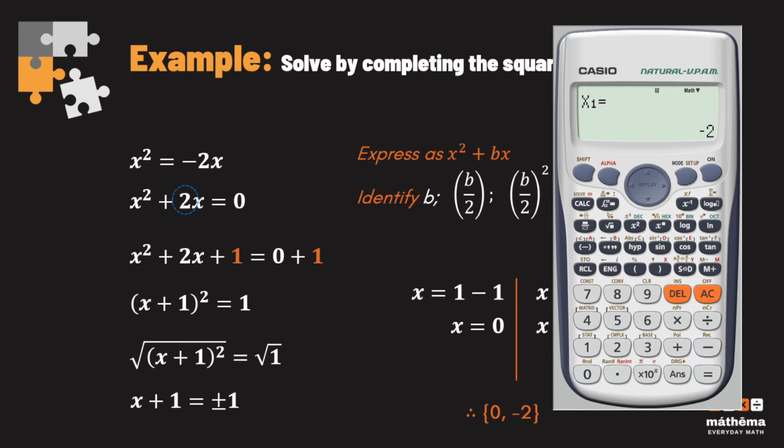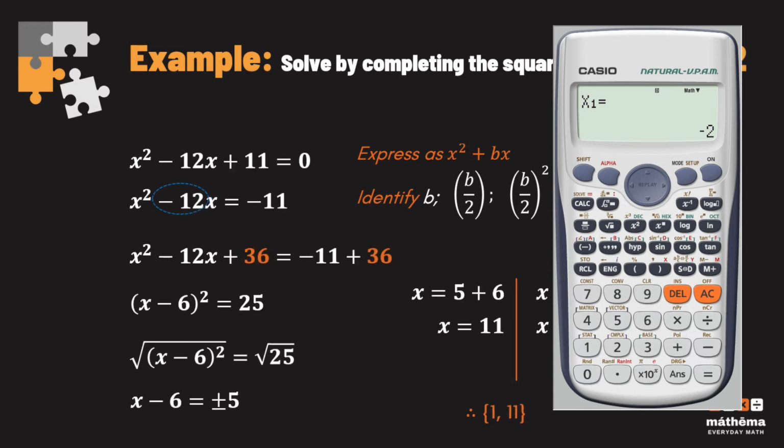Let's have example number 2. So last time, we also solved this quadratic equation by, again, using the completing the square method, and we found out that the roots are 1 and -11. So by using our calculator, we will try to input that one and see whether we will arrive at 1 and -11 as well. So we'll click on AC to clear the inputs that we had.